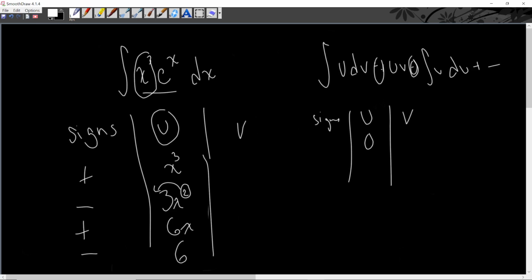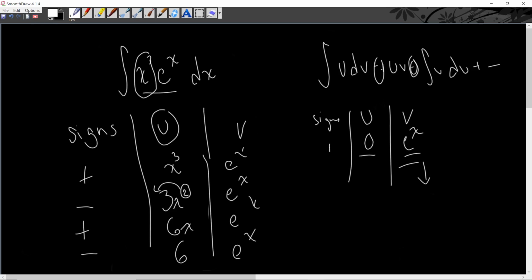And then v is going to be e to the power of x, the antiderivative of e to the power of x is e to the power of x, and then on and on. And you could go further, but since u stopped here, v will stop here. You can't differentiate 0 any further than 0, so you can't differentiate e to the power of x further.